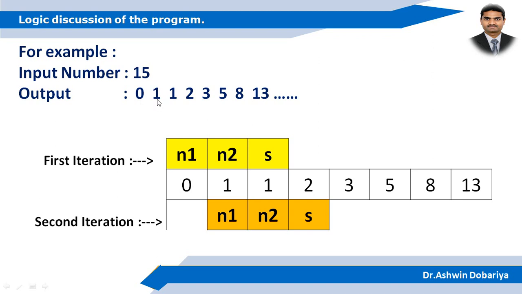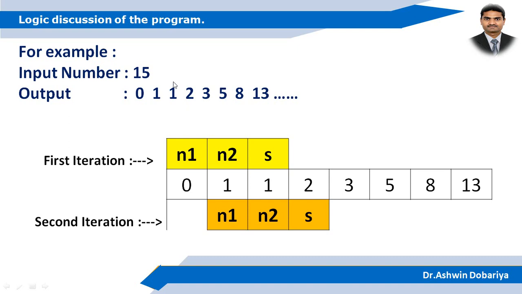Now see, the Fibonacci series is a group of 3 numbers. Suppose you have the first 2 digits like 0 and 1, then the third number will be generated with the help of the sum of the previous 2. It means 0 plus 1 becomes the next number, 1.